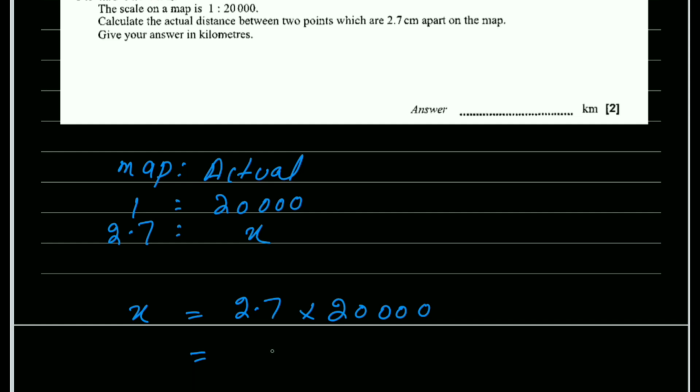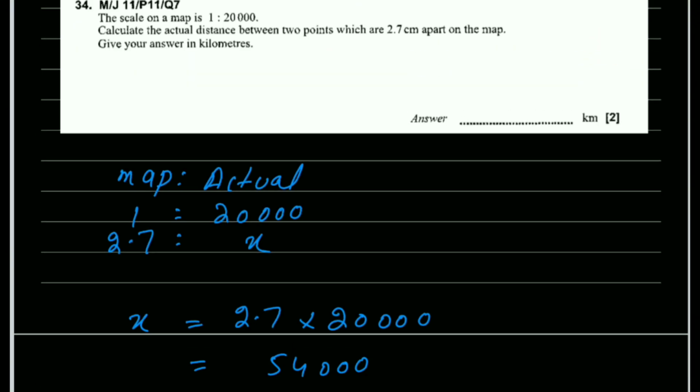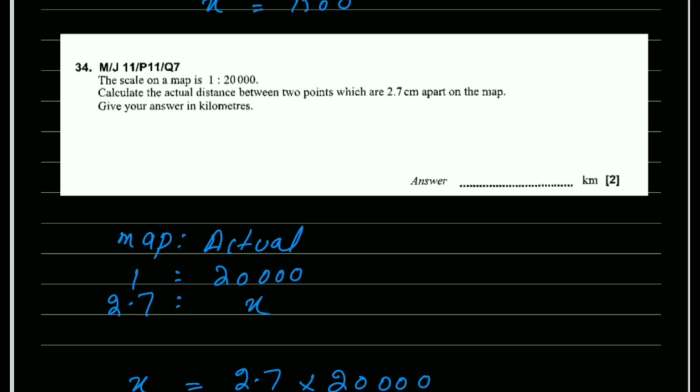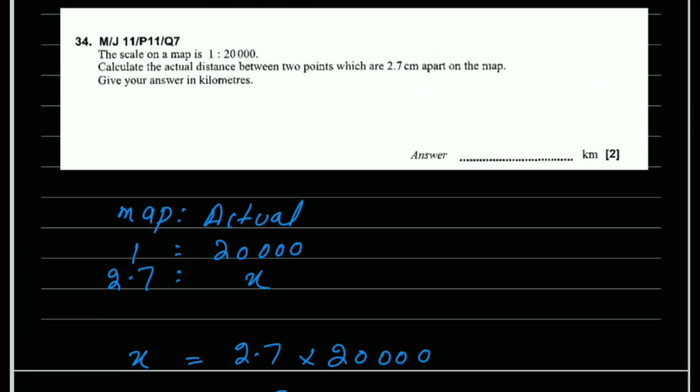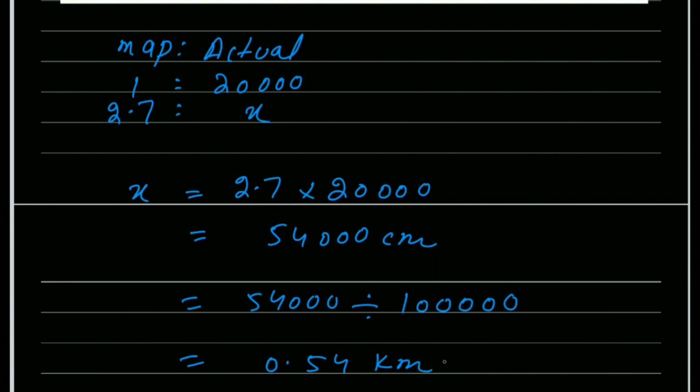So our answer will be 54,000. As we have to convert it in kilometer, and this is in centimeter, we will divide it with 100,000, and our answer will be 0.54 kilometer.